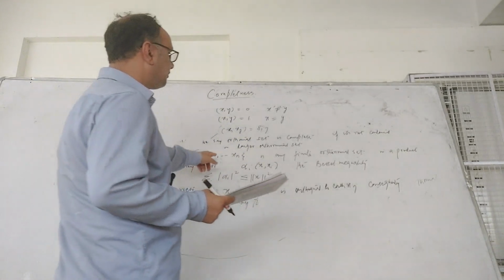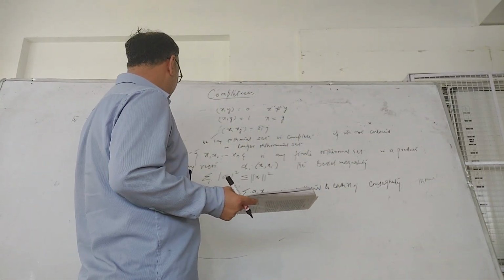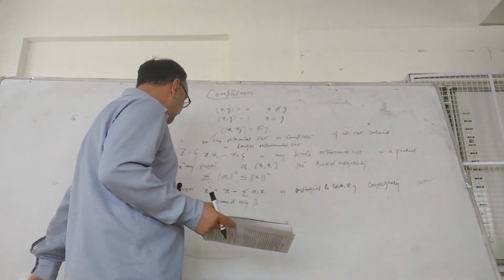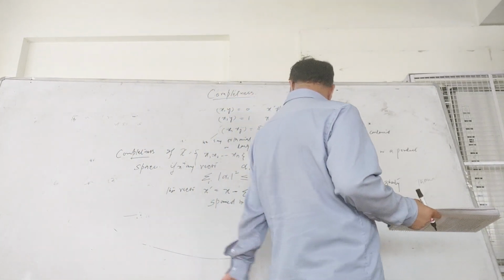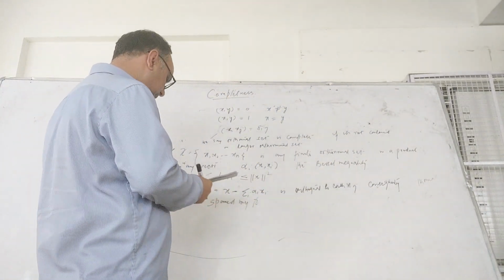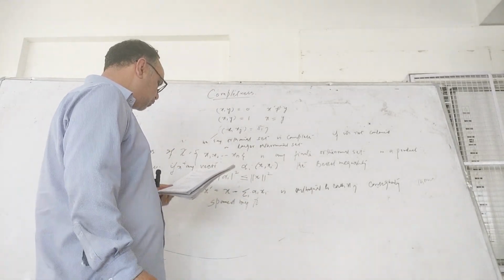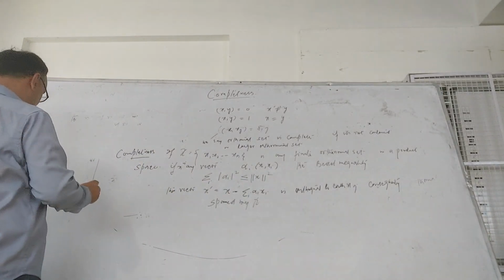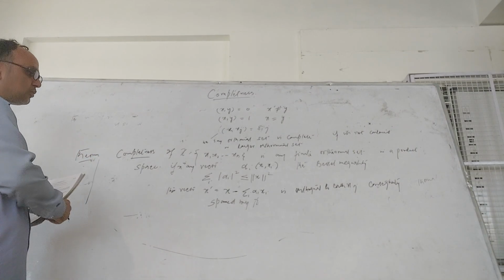So if this is a finite orthonormal set in an inner product space, and x is a vector such that this holds, then Bessel's inequality says this, and the vector x prime is orthogonal to each xj, consequently spanned by them. This is the general assertion, or it's a theorem.